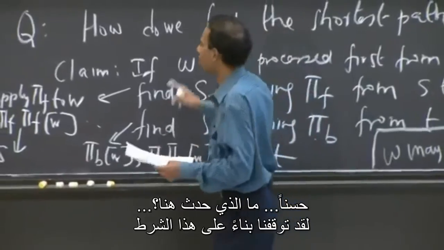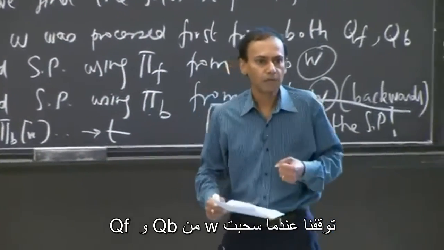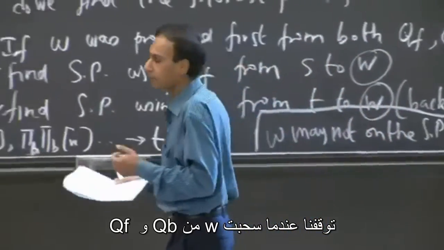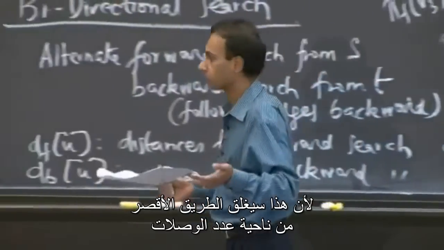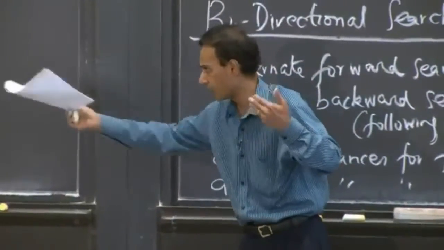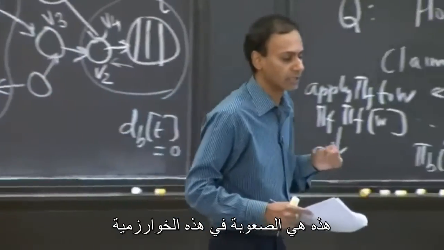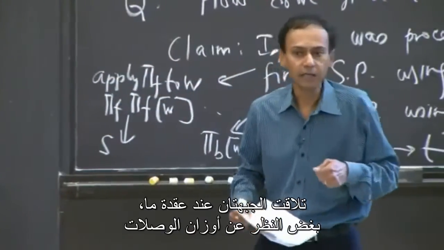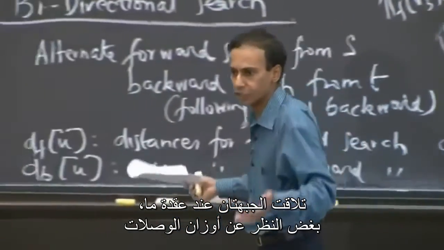Well, we terminated according to this condition. We terminated when W was pulled off from QF and QB, because that was the short path in some sense in terms of the number of edges, right? It was only of length 2. And so when the frontiers collide, this is the subtlety in the algorithm. The frontiers collide at some vertex regardless of the weights of the edges.